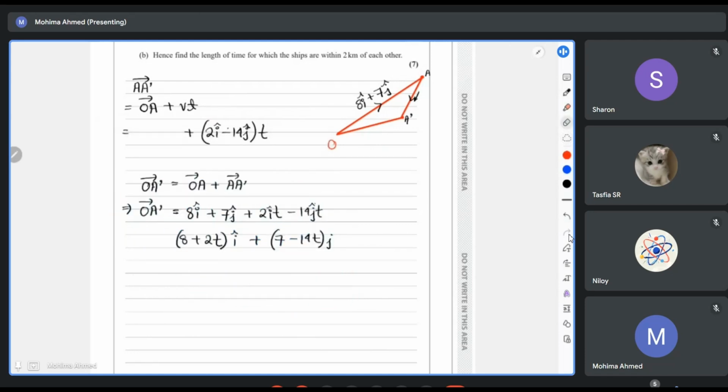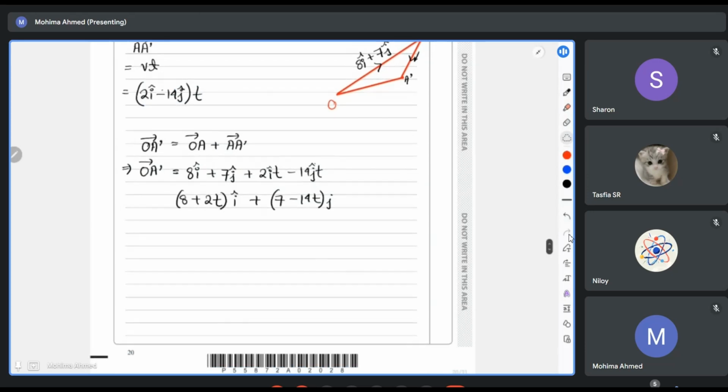For A prime, we should have just used the equation of vt, velocity into time. That would give you the distance traveled from A to A prime, and that would be just this 2i and 14j. And if you add this together, OA and AA prime, that will give you the value for OA prime.